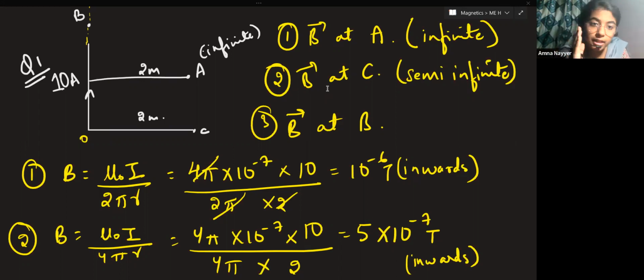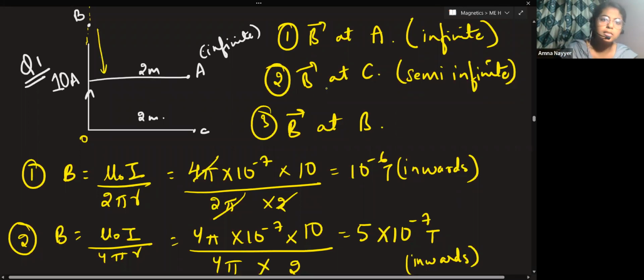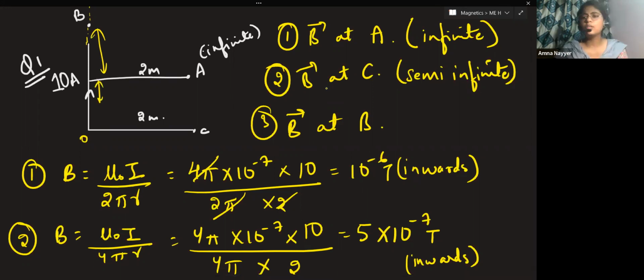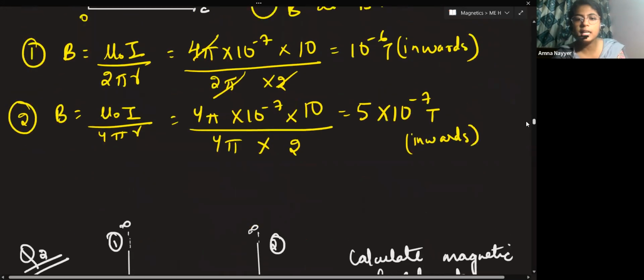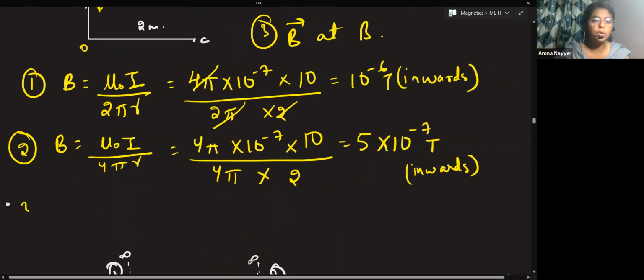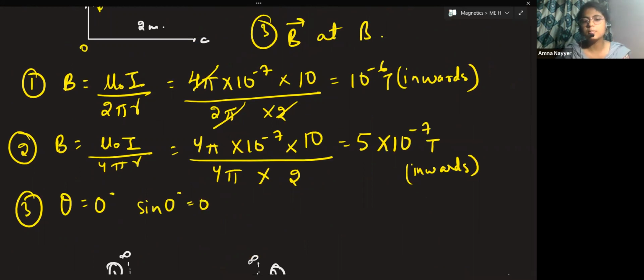But when the point is on the axis, the position vector and the current element are in the same direction, so both are parallel to each other. So the angle between dl, the current element, and the position vector becomes 0. So sine 0 degree becomes 0, and ultimately the magnetic field is also 0.